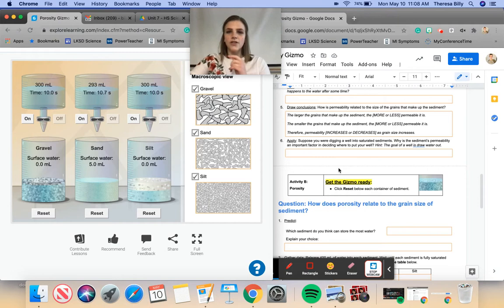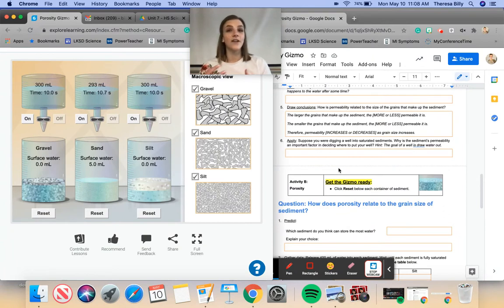The very last question, suppose you were digging a well into saturated sediments. Why is the sediment's permeability an important factor in deciding where to put your well? Remember, the goal of a well is to draw water out. So if you have a well that you're digging and it's in silt, is it going to be very easy to draw that water out? Is it going to be very easy to let water back in? Not really.